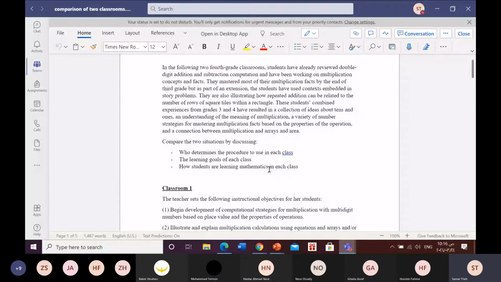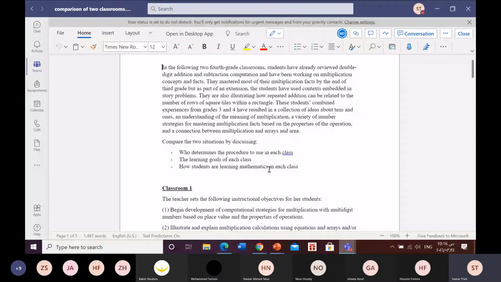So in the following we have two fourth grade classrooms. Students have already reviewed double digit addition and subtraction. I am telling you what the students know, the previous knowledge: computation, and they have been working on multiplication concepts and facts.